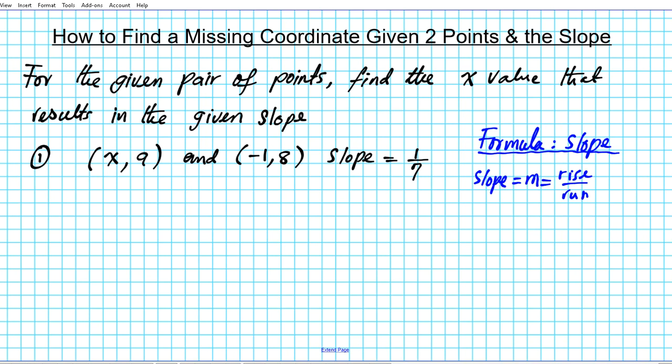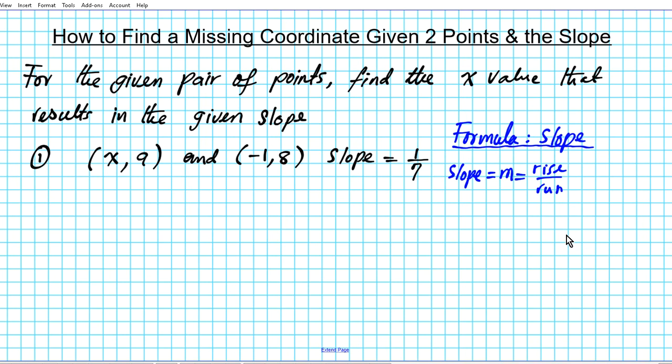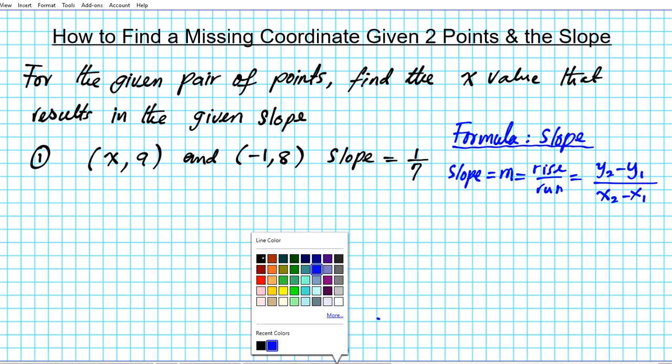If you were working with the slope calculations given the graph, you want to use the rise over run variation of the slope formula. But if you are given coordinate values, like is the case here, you're going to use the formula y2 minus y1, that represents the rise, divided by x2 minus x1, which represents the run. Alrighty? Okay, so let's go ahead and attack the problem.